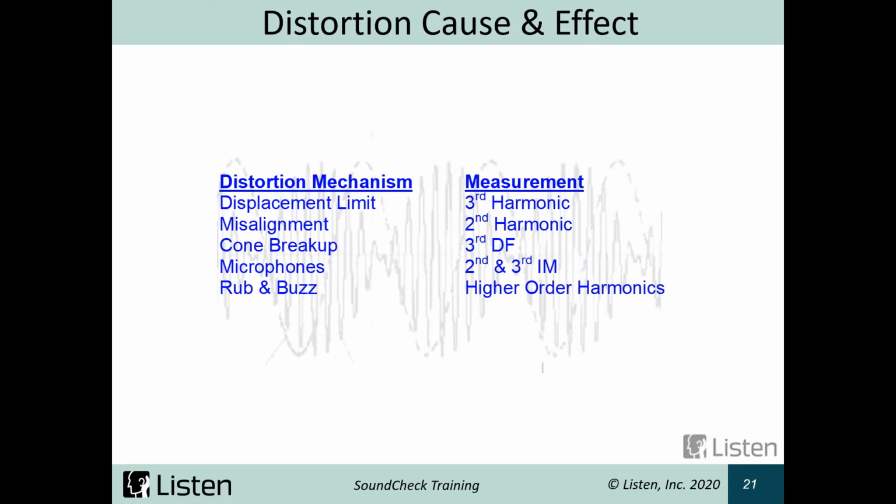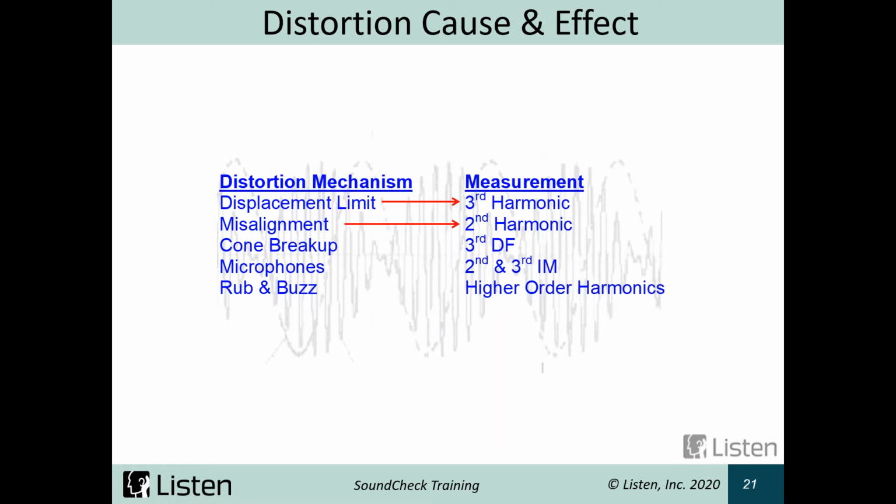As you're trying to test your device using this data to correlate to some sort of physical mechanism, here's just a quick cheat sheet of common use cases. This isn't an exhaustive list nor a complete list by any stretch of the imagination, but it's a good starting point. If you saw your third harmonic had a lot of energy in it, you could look into the displacement limit.